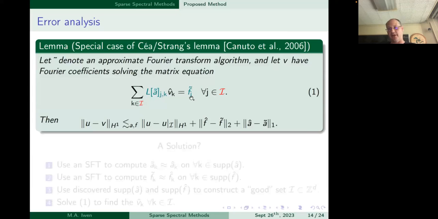And what Say's lemma says is, well, suppose you truncate this infinite linear system somehow to a finite version. So I'm only going to solve a portion of the linear equations that I have. And not only that, I'm going to solve a noisy version of that portion of the equations. So I'm going to have approximations to my true Fourier coefficients of f, and only approximations to my true Fourier coefficients of a, right?